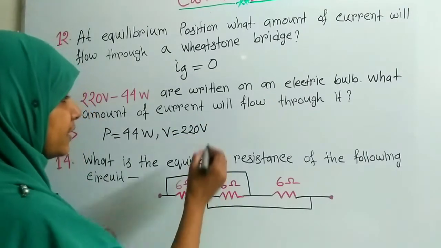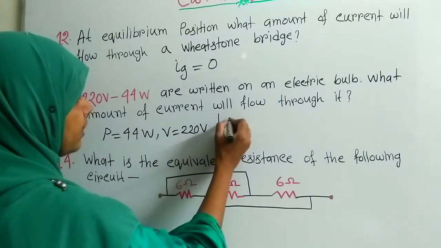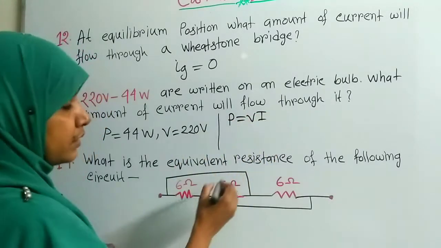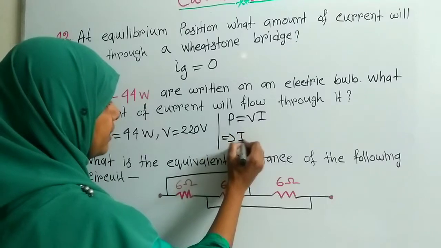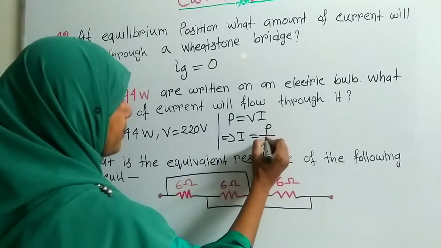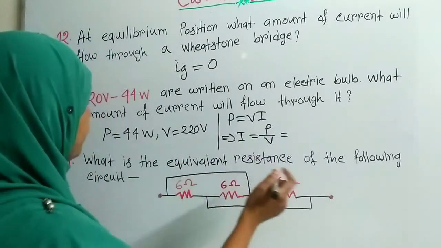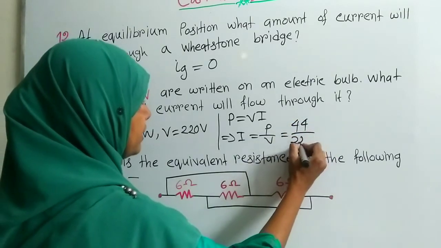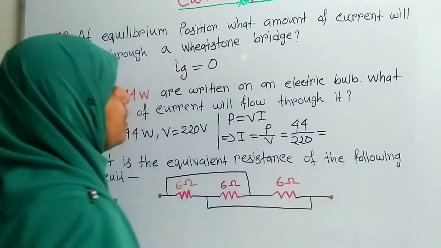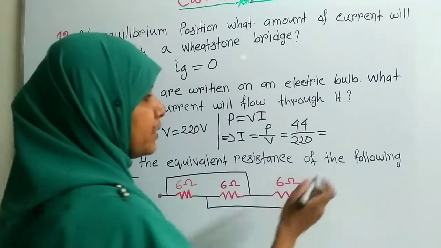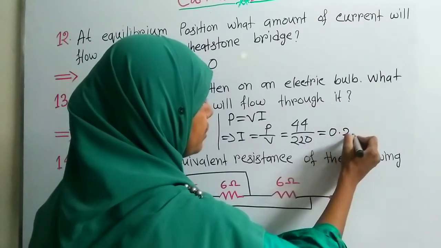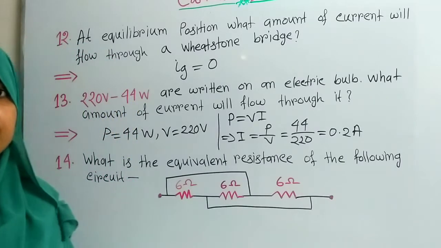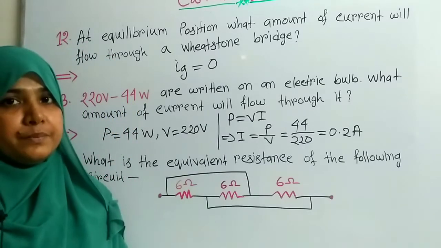Students, you know that the formula P is equal to VI. So we can write that I is equal to P by V. Now the value of P is 44 and V is 220 volt. So the value of I will be 0.2 ampere. That is, 0.2 ampere current will flow through the bulb.